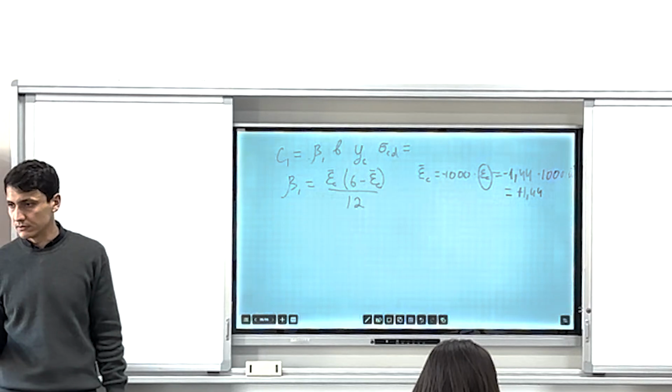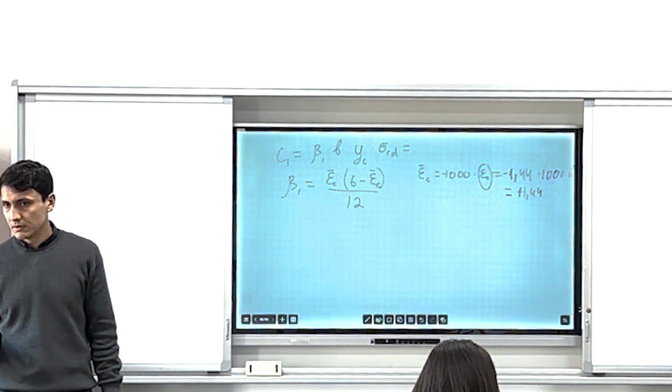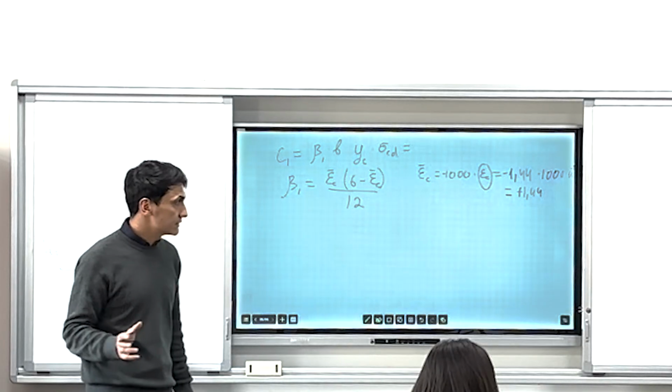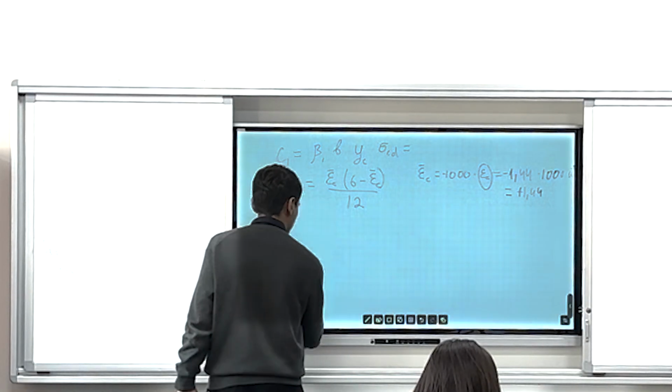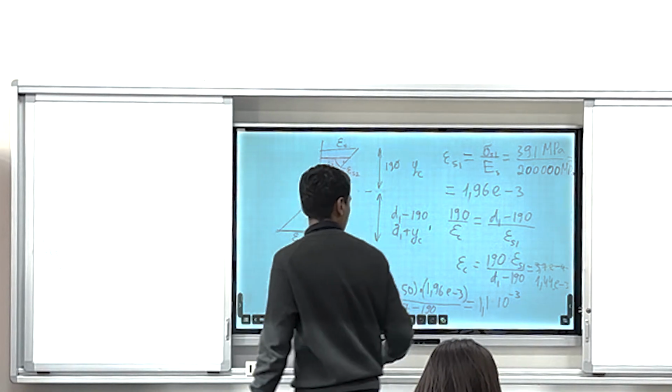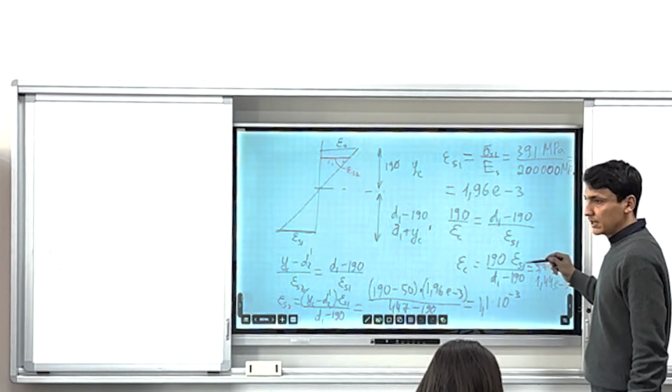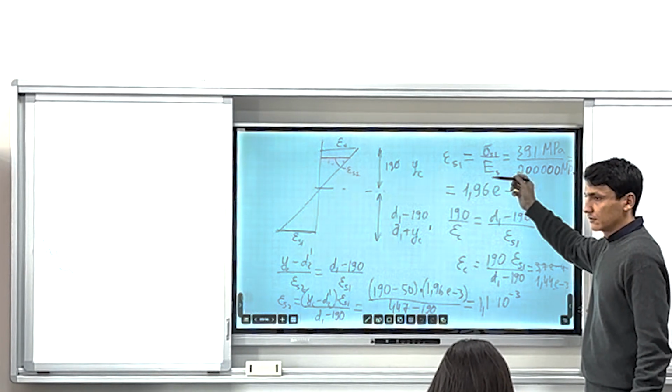Concrete is in compression, so epsilon c is minus. The previous value was also with a plus, but we are taking minus because the concrete is in compression.